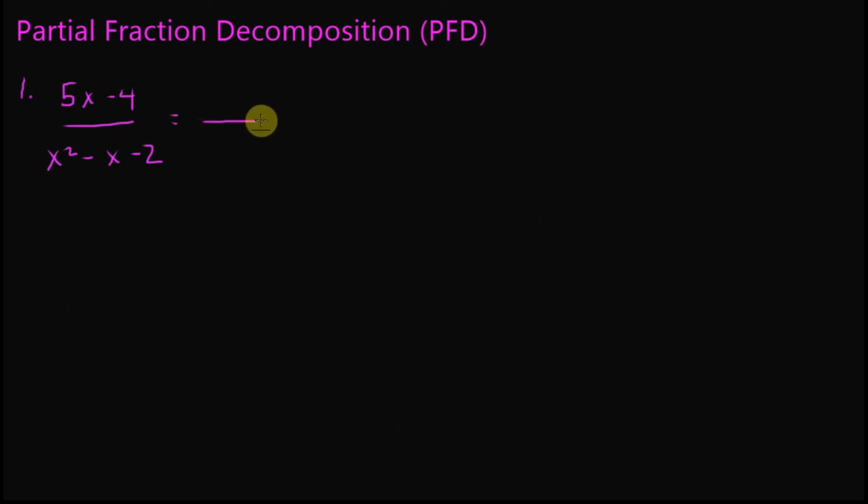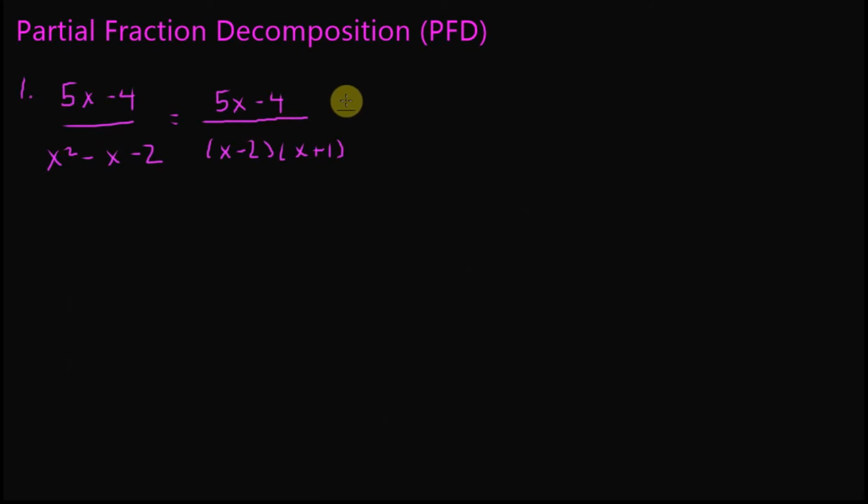First, notice that the denominator here can actually be factored into x minus 2 times x plus 1. Now, using the conventional tools of algebra, we can't really get any further with this problem.